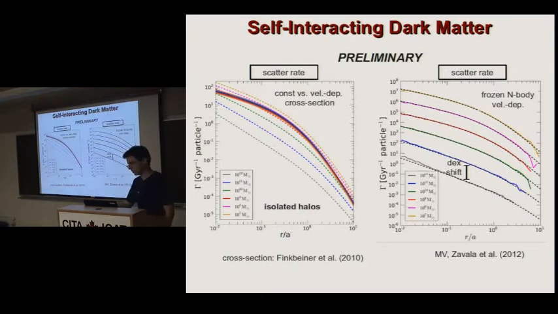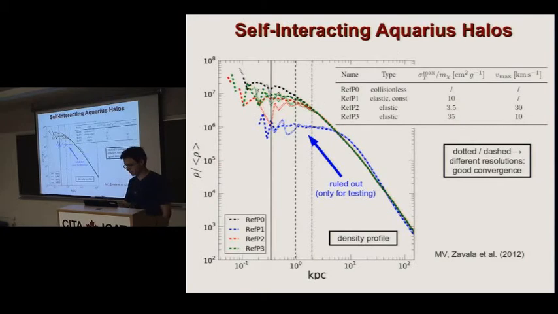Now the interesting part is not these isolated test halos, but going to full LCDM halos. Again, we took one of the Aquarius halos, and we explored 4 different scenarios. The first, which I call reference point 0, is just the standard LCDM calculation of collisionless particles, the same as the calculation that was essentially done before.